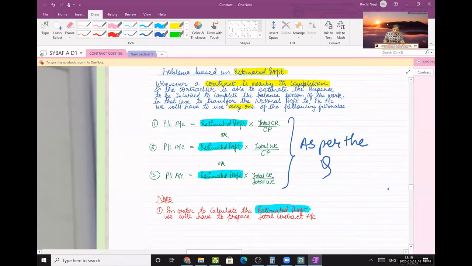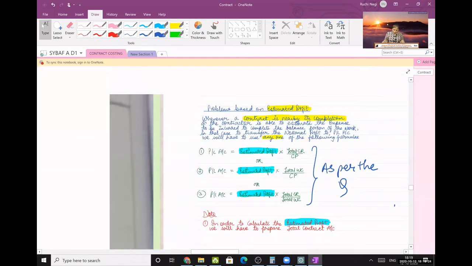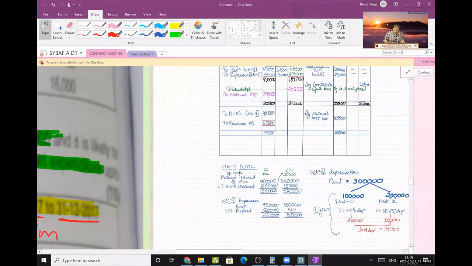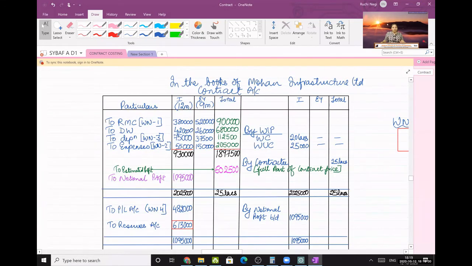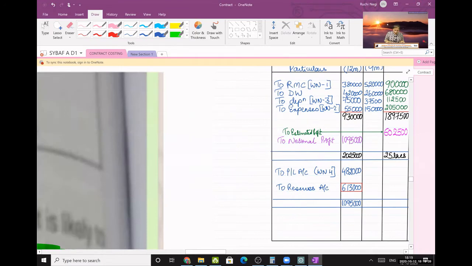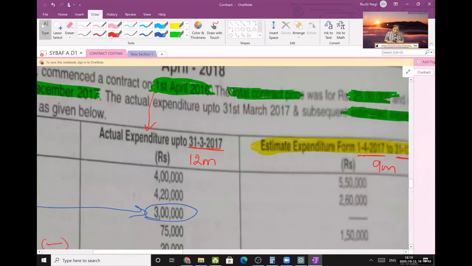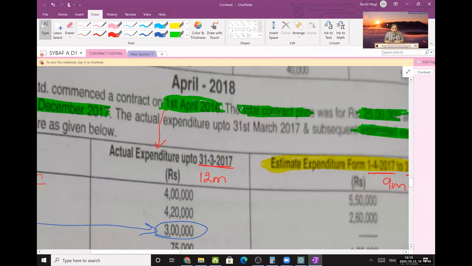In order to calculate estimated profit we will have to prepare the total contract account in the books of contractor. First year is of 12 months, second year is of 9 months. How do we know? It is given here. When does the first year start? 1st April to 31st March, so it is 12 months.